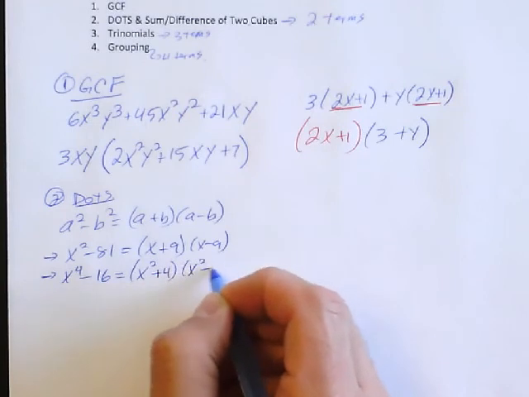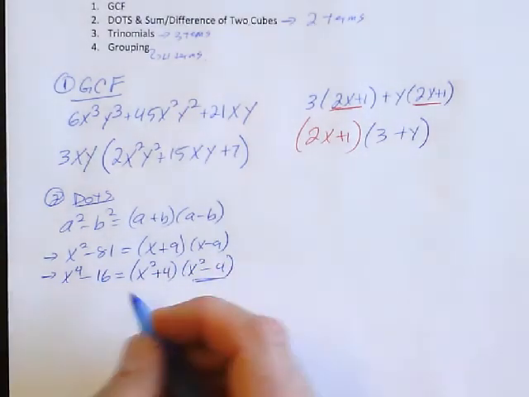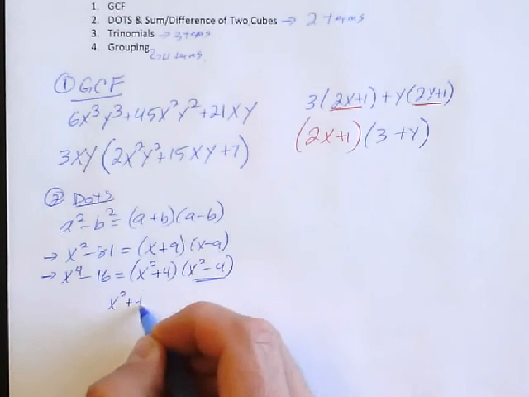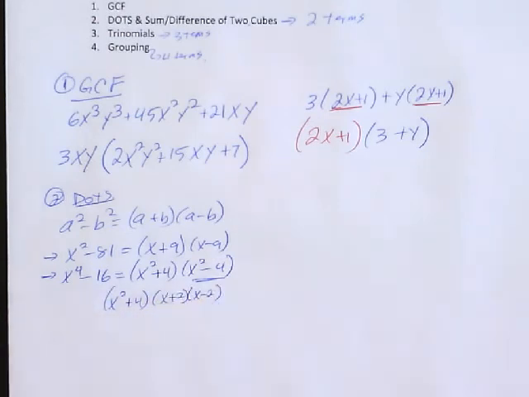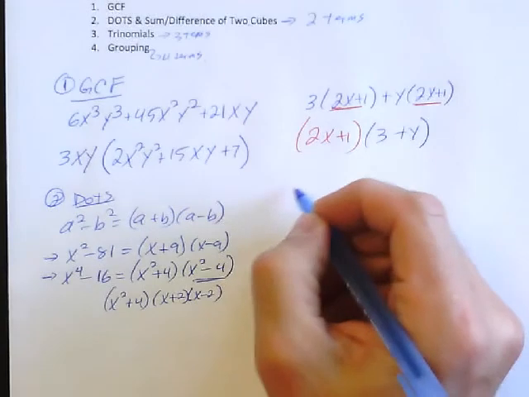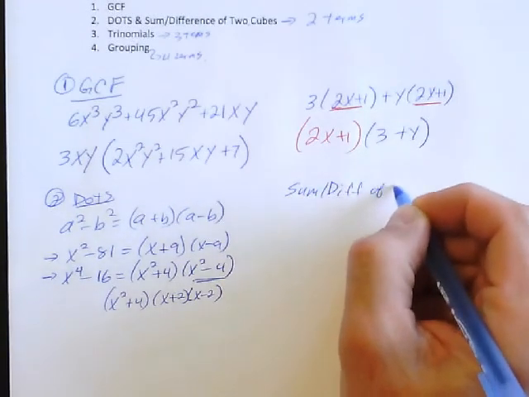Or x to the 4th minus 16 would be x squared plus 4, x squared minus 4, but x squared minus 4 can be factored further to x plus 2, x minus 2. You can't factor x squared plus 4 at this point. Okay, there's no sum of two squares.